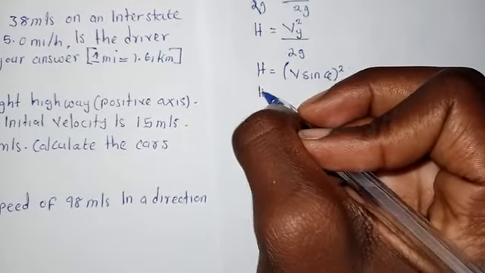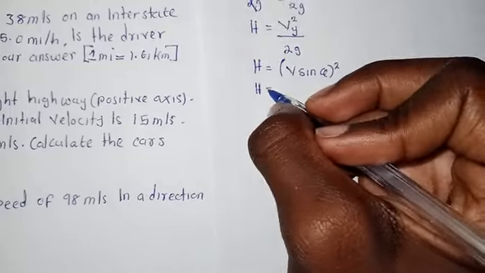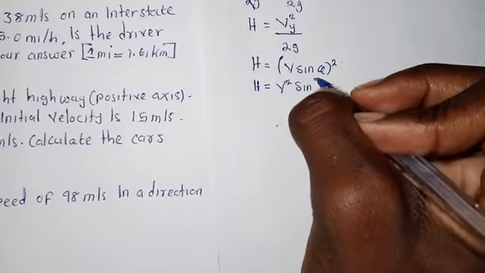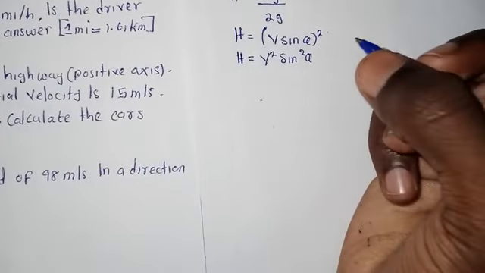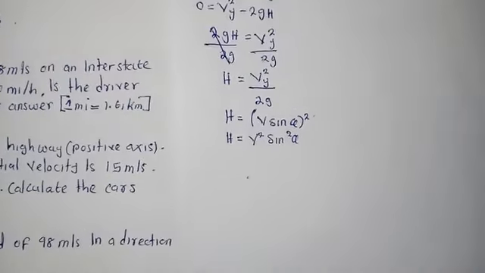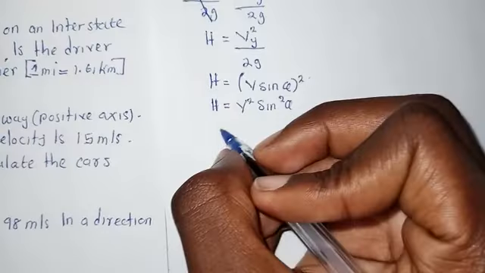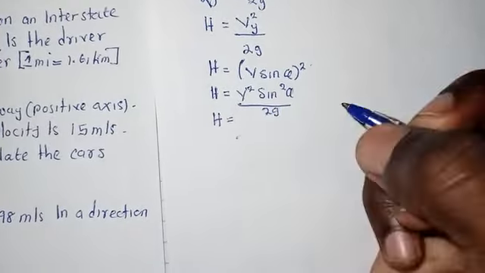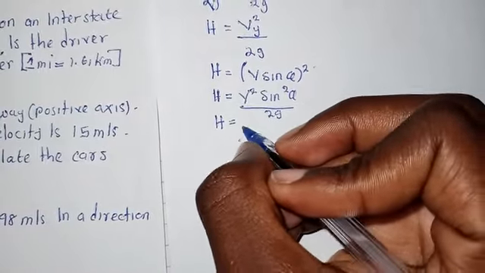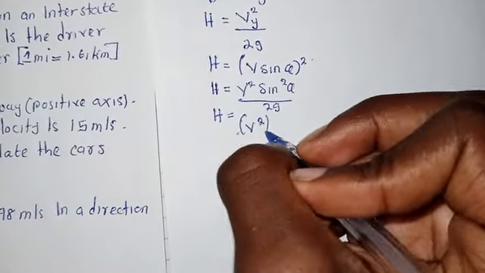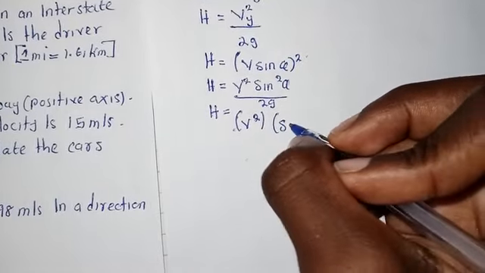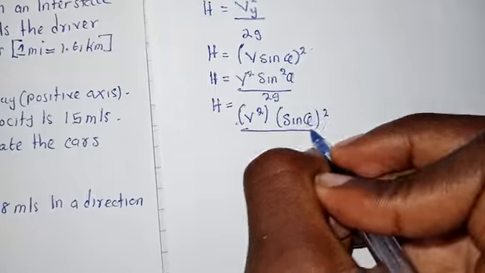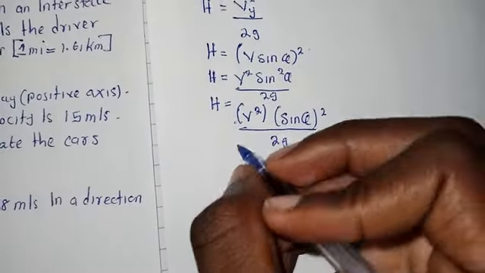This is just the same as V squared sine squared theta, like this. Then this is over 2G. This is just the same as V squared sine theta squared over 2G.